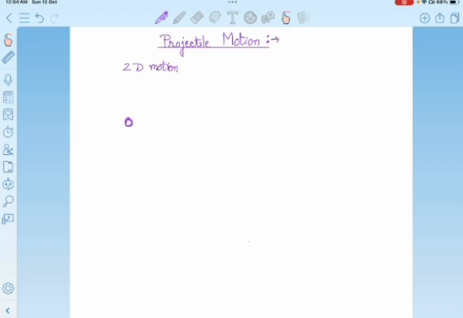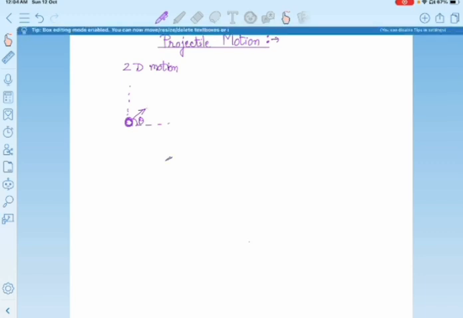A common example: suppose we have a ball, maybe a cricket ball, and we are throwing it in a direction making an angle theta with the x-axis. So it will follow a path something like this.